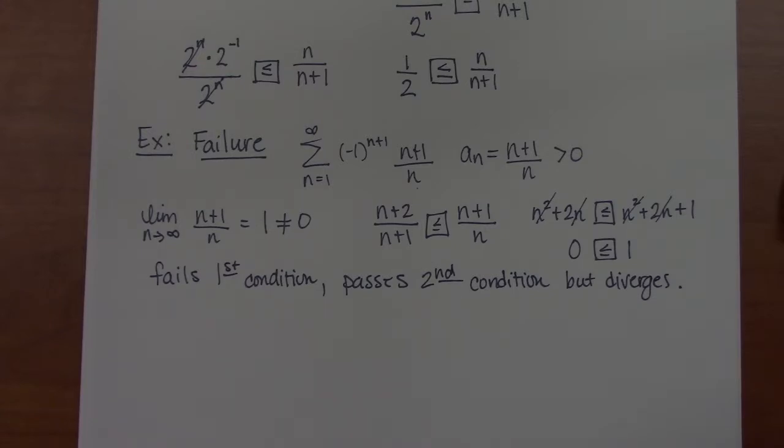So when you're taking the limit of the nth term, whatever value comes out of the limit, that's what all the terms become as you approach infinity. So if this were just the series n plus 1 over n, we would have taken the limit, gotten 1, and said diverges, because you're just summing 1, 1, 1, 1, 1. But you got to remember, because it's alternating, it's going to go 1, negative 1, 1, negative 1. If the limit had been 2, it would have been 2, negative 2, 2, negative 2, okay?